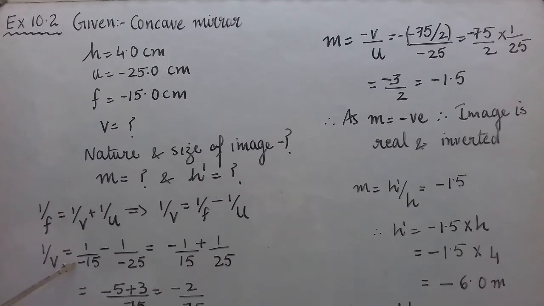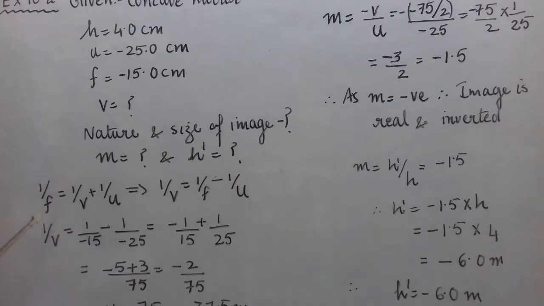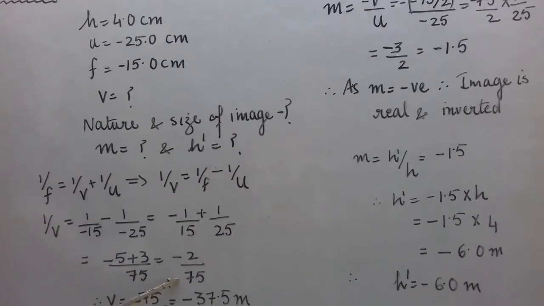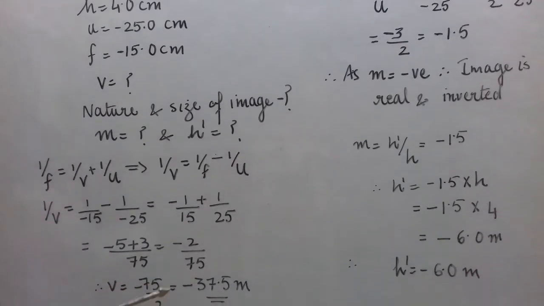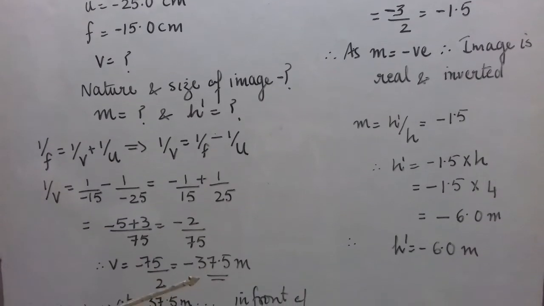Take care of this sign, take it up and minus minus is positive. And now take the LCM. You get the answer here, 1 upon v is minus 2 upon 75. But now be careful, v is minus 75 upon 2 and the answer is minus 37.5 meters.